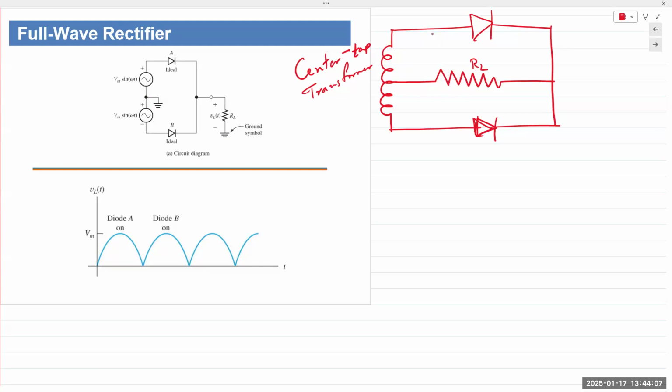In the positive half cycle, the center tap transformer is going to behave like this. Plus, minus, plus, minus. So if this is diode A, and this is diode B, is A on or off?